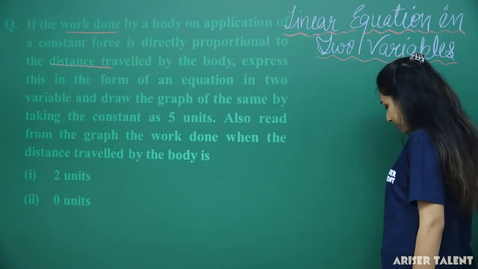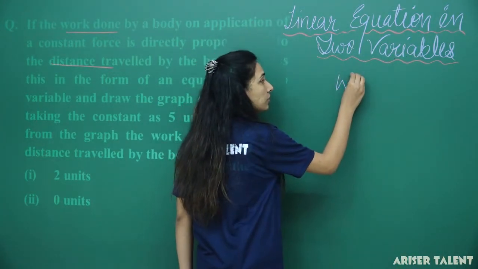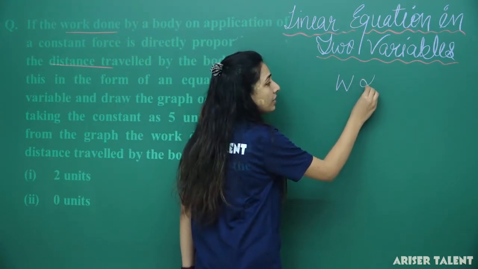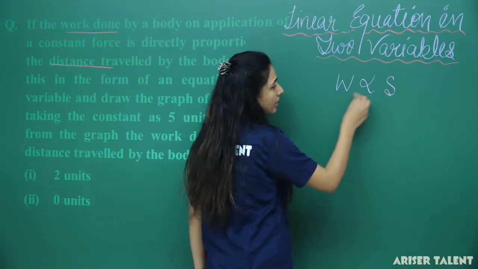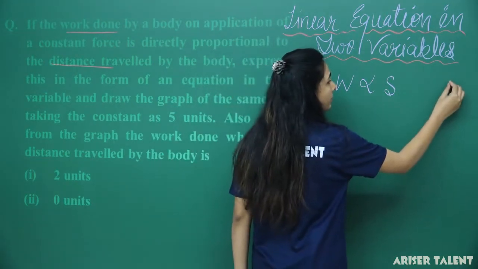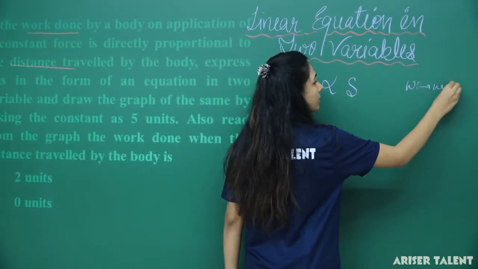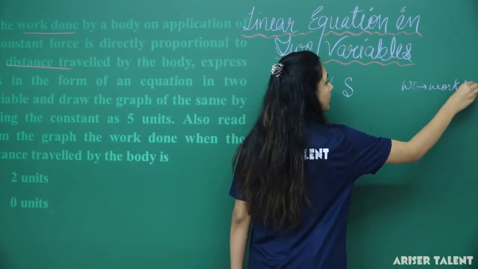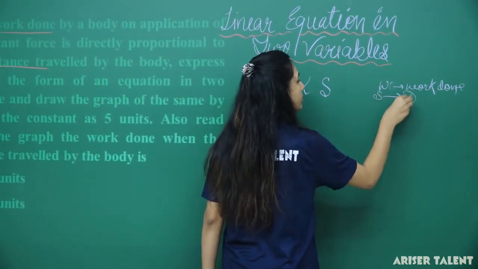So, here a relation is given: the work done W is directly proportional to the distance. Here W is work done and S is distance.